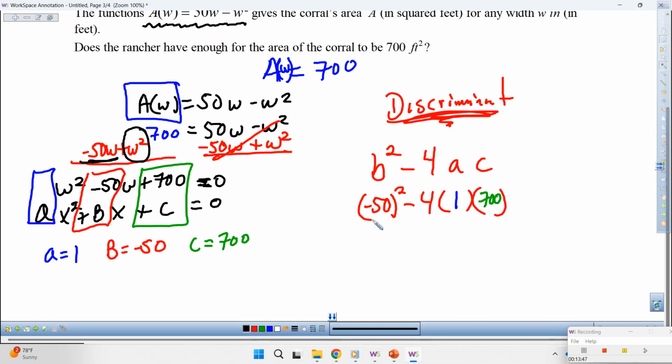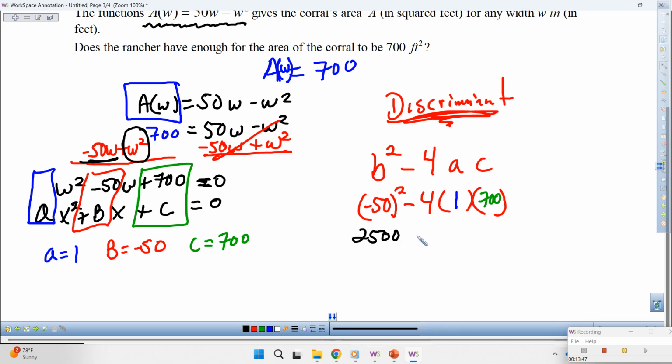All right, here we go. What is negative 50 times negative 50? $2,500.